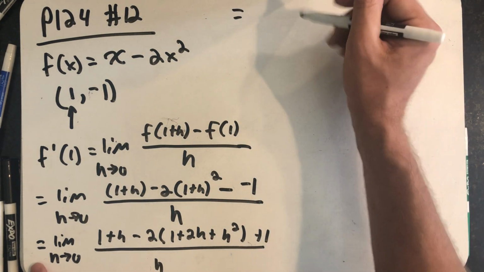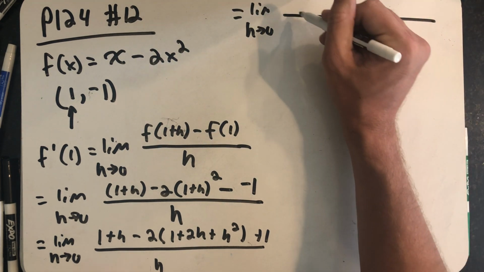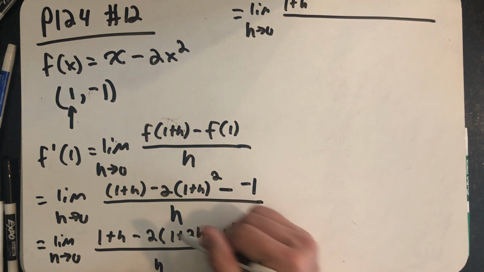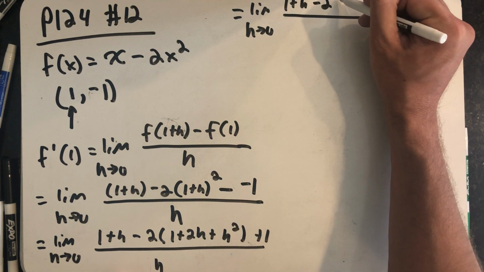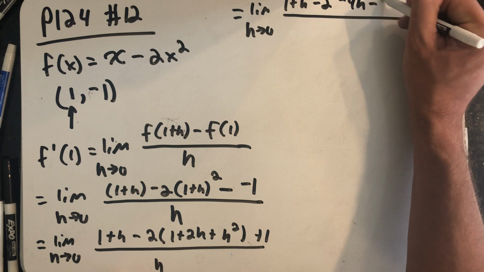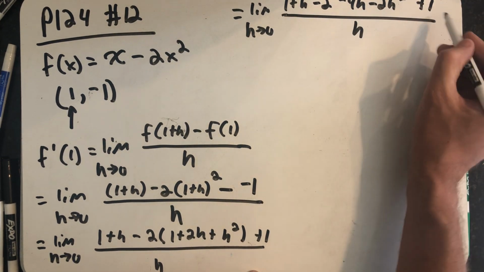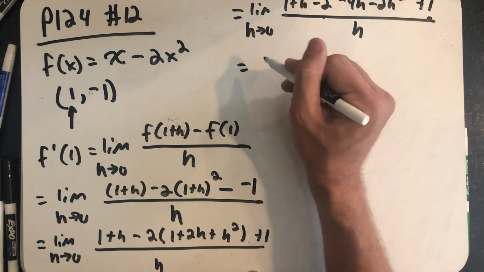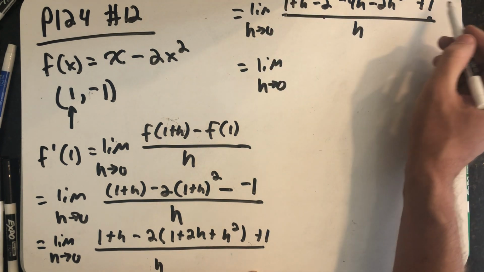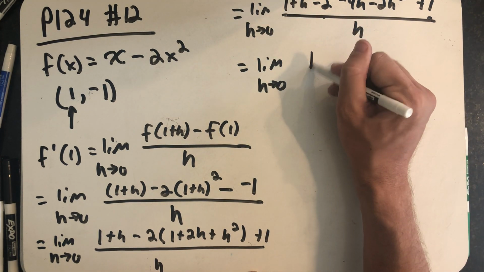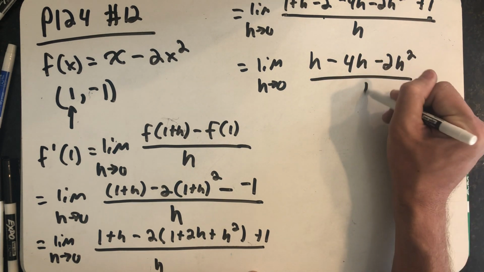That's equal to the limit as h approaches 0 of 1 plus h, and now I have to distribute, minus 2 minus 4h minus 2h squared, and I still have this plus 1 over here. 1 plus 1 is 2, minus 2 more. Those three things cancel out altogether. That leaves me with h minus 4h minus 2h squared all over h.